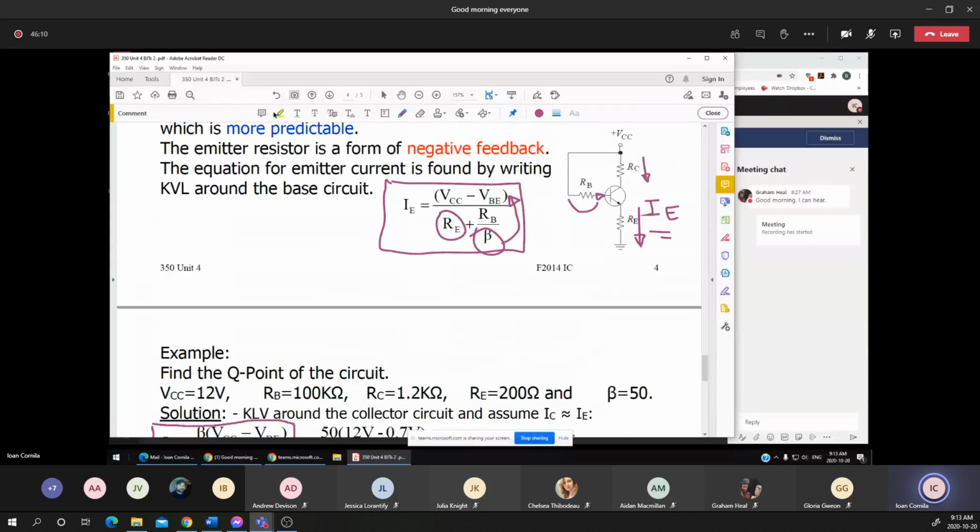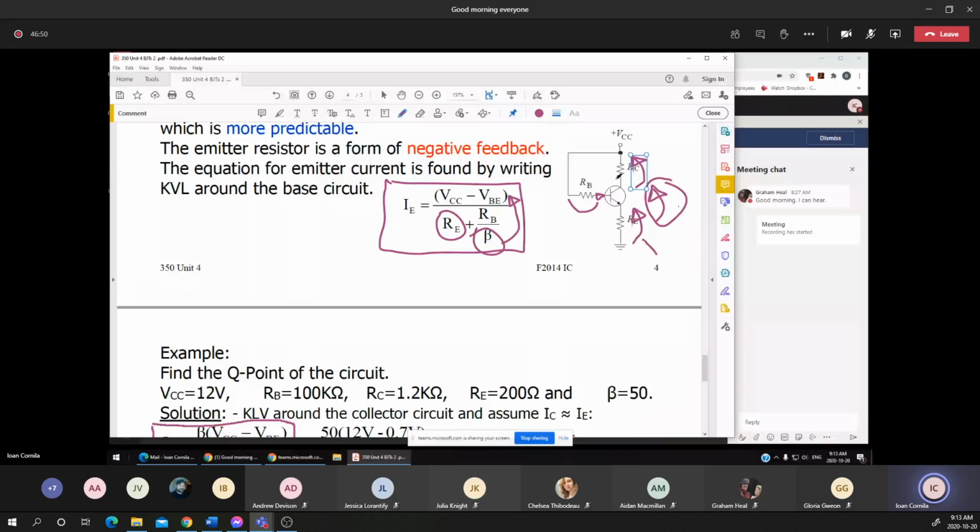Again, looking at this diagram, let's try to clean up this diagram a little bit, just to show the KVL. KVL in this output circuit now has the drop voltage across the RC and the drop voltage across RE. On top of that, we have the VCE, means that to find the VCE, the voltage between the collector and the emitter, which is the VCC minus the VRC minus the VE.